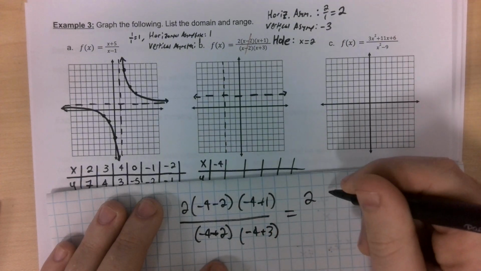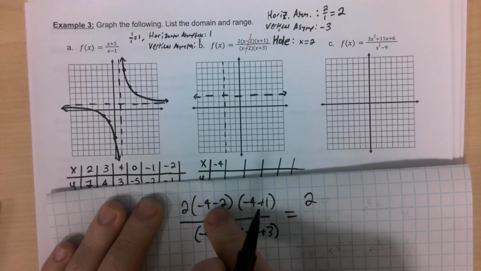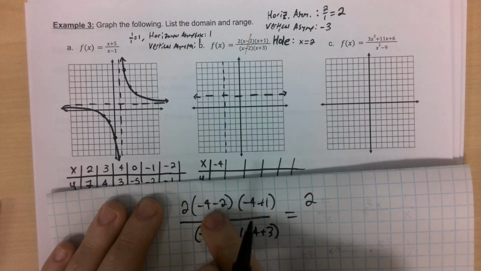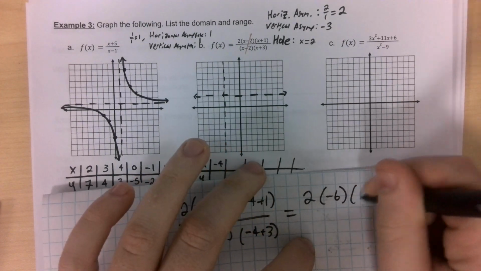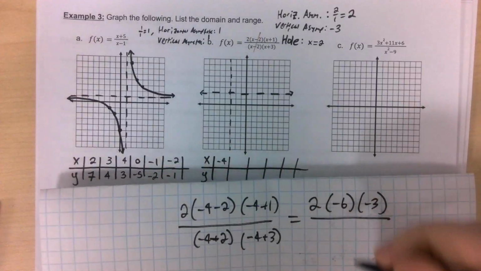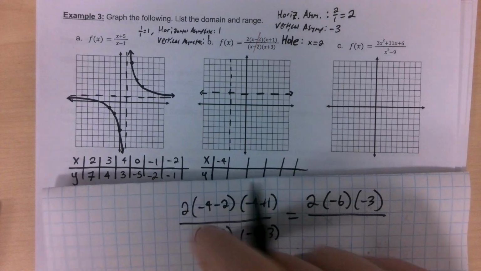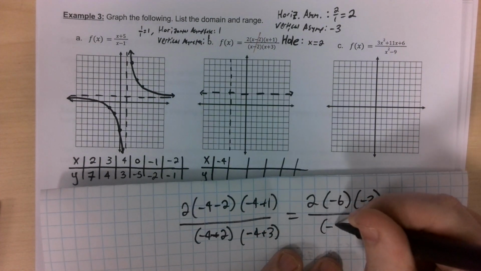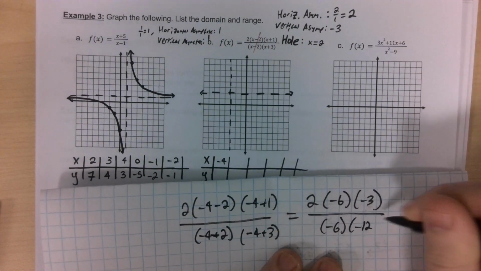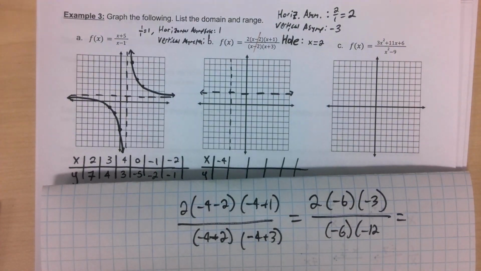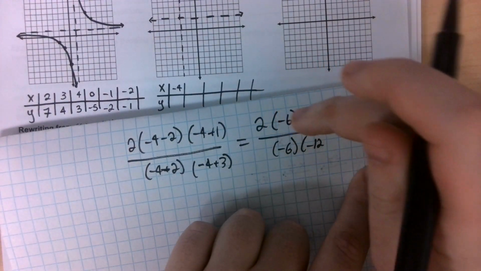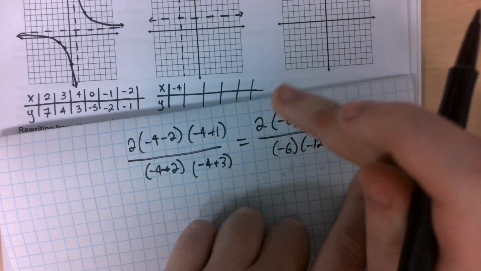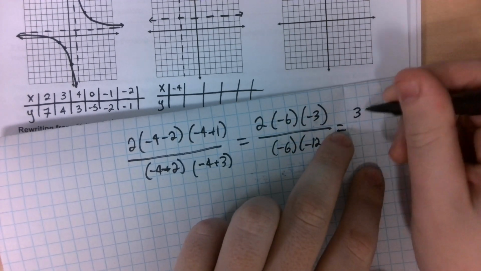This will give us 2 times, this is negative 6, and this is negative 3. So 2 times negative 6 times negative 3 divided by negative 6 times negative 12. When we do the math here, we get that this is going to give us negative 6 times negative 3 times 2 is 36.